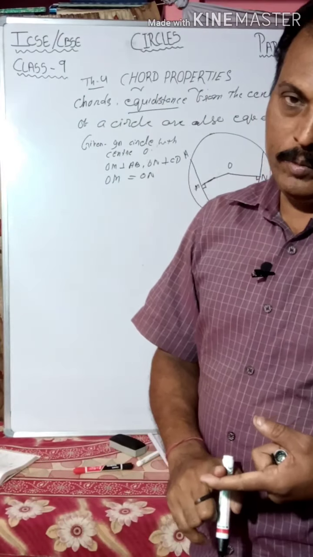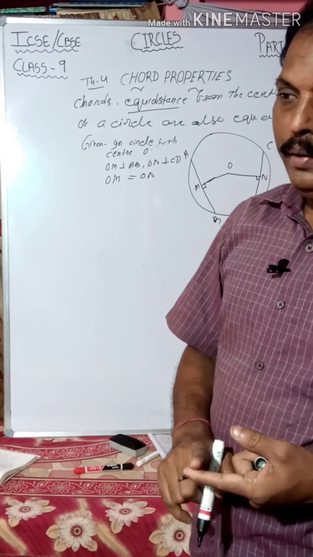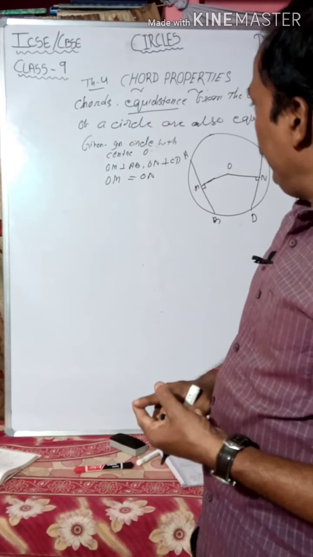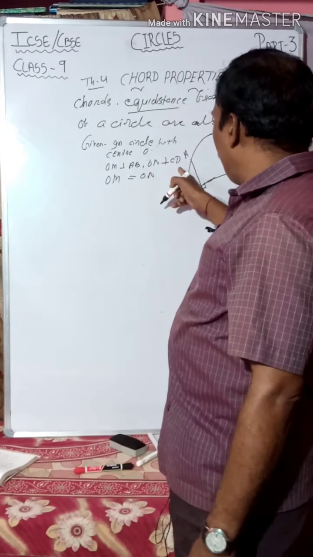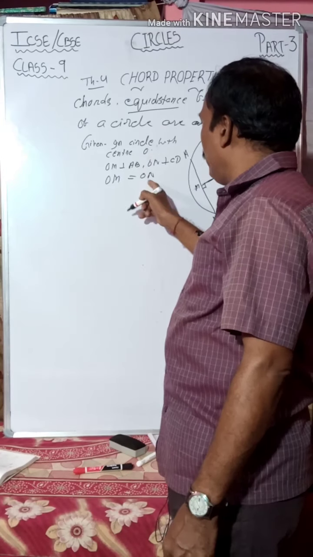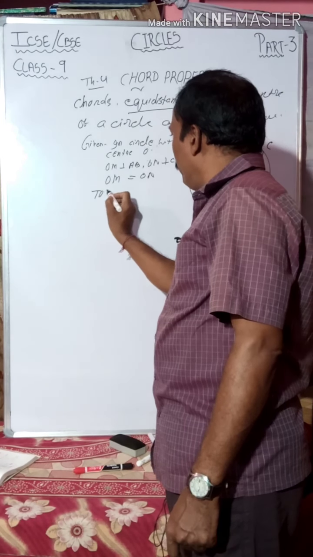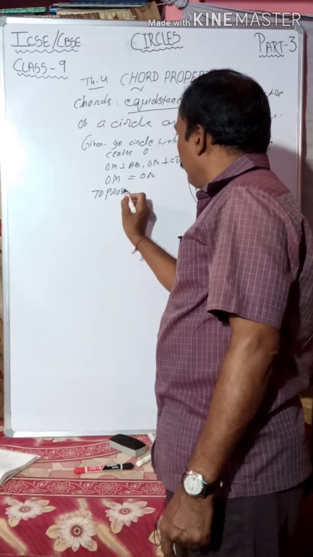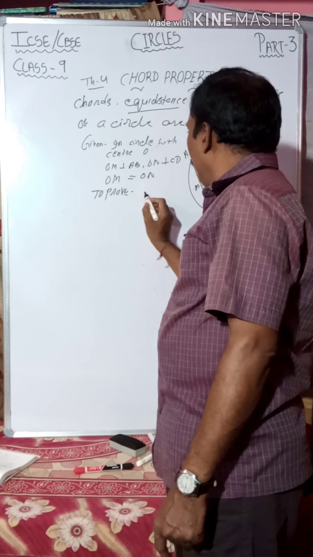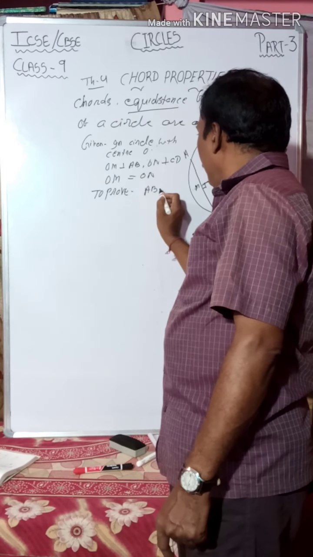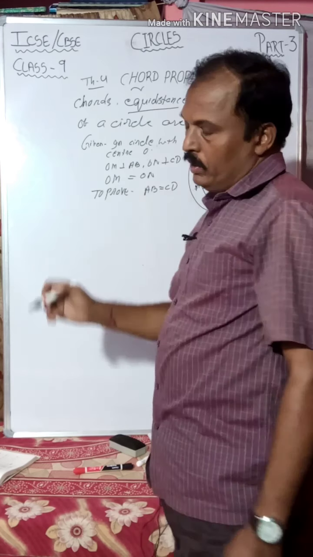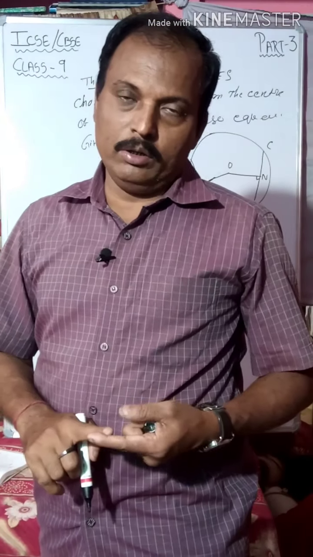To prove: AB chord is equal to CD chord.